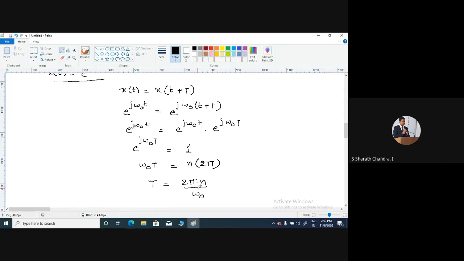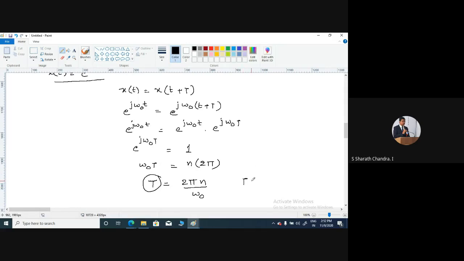Here omega naught represents the angular frequency, and capital T represents the fundamental period. Thus, the fundamental period, that is the smallest value of capital T of x of t, is obtained by considering a positive value for n.